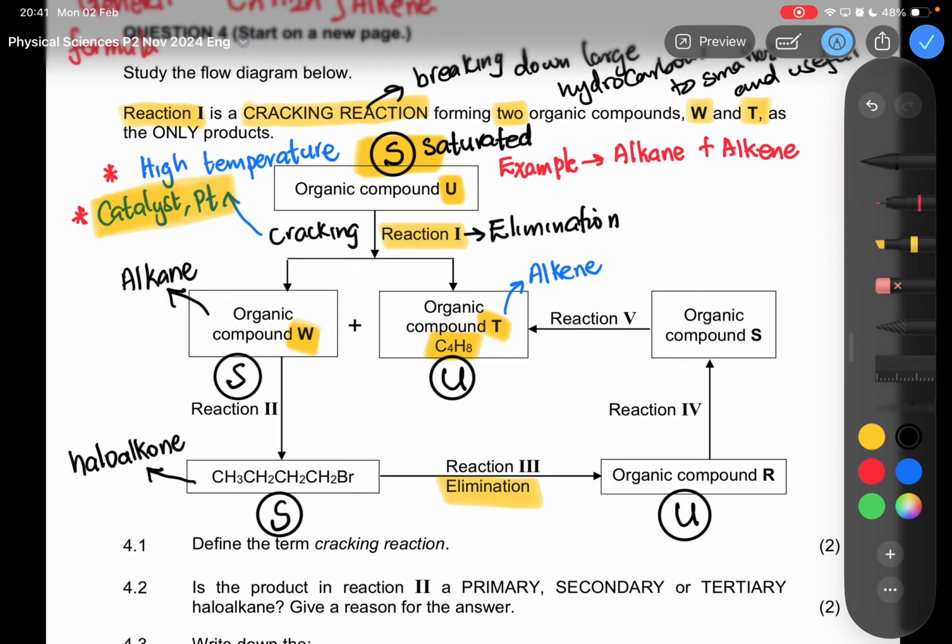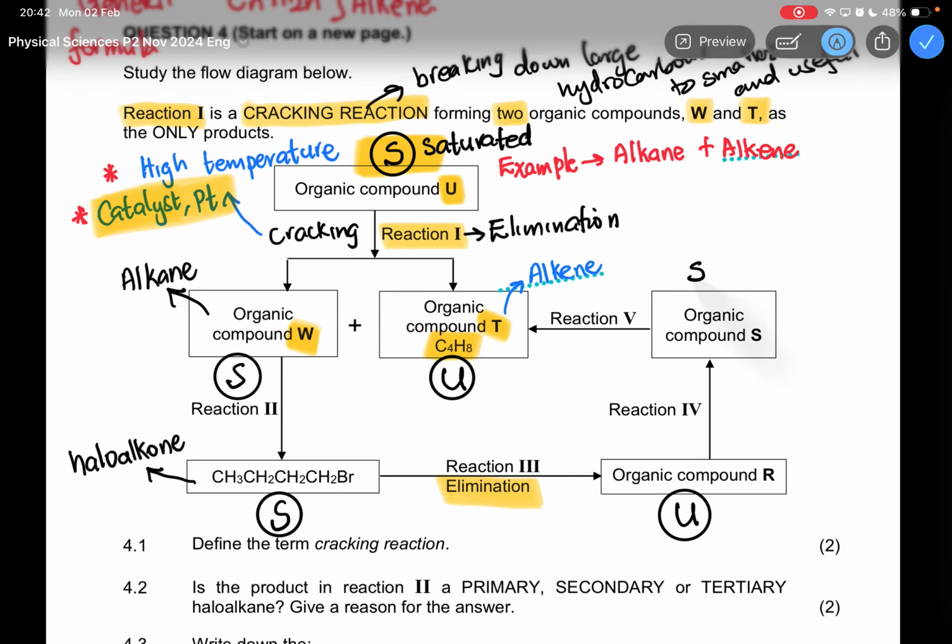Unsaturated compounds undergo addition reaction only to form saturated compounds. So if the compound is unsaturated, it's going to undergo addition to form a saturated compound. So I think I've stated the nature of the compounds that we have, whether they're saturated, unsaturated, and so forth.